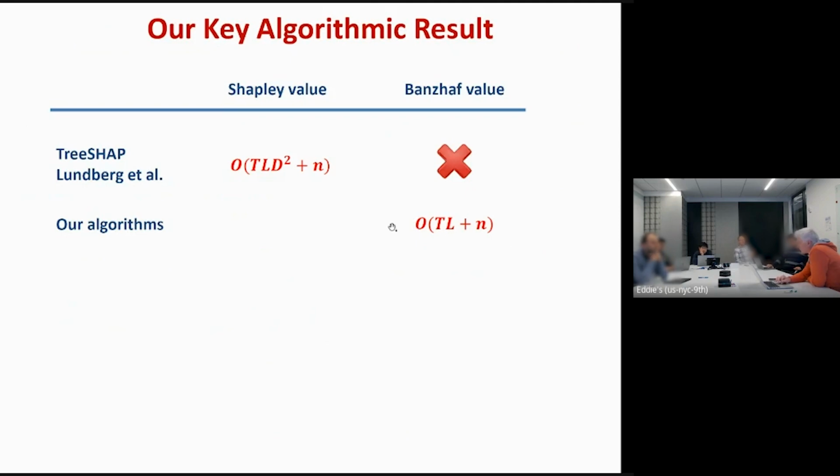The complexity of the algorithm for a tree is proportional to the size of the tree, that is, the number of leaves in the decision tree. And using similar ideas, we were able to improve the algorithm for computing Shapley values as well.